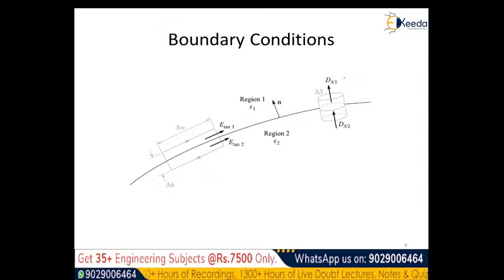Similarly, the suffix N denotes a normal component, a perpendicular. This arrow is making a 90-degree angle with the boundary separating region 1 from region 2. So Dn1 means the normal component of electric flux density in region 1, and Dn2 is the normal component of electric flux density in region 2.